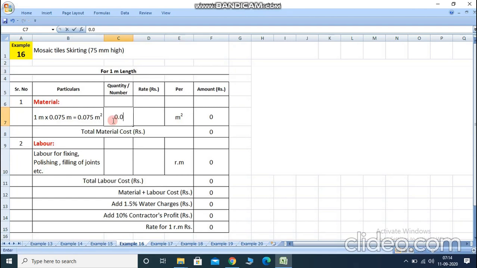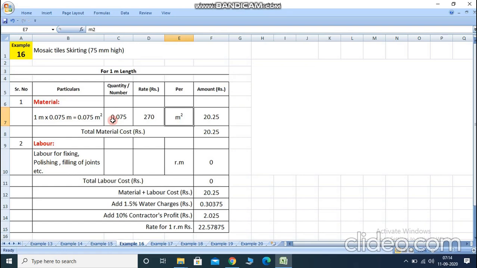So quantity is 0.075, and rate per meter square is 270 rupees. So total amount is 0.075 multiplied by 270. We got the answer 20.25 as the total material cost.